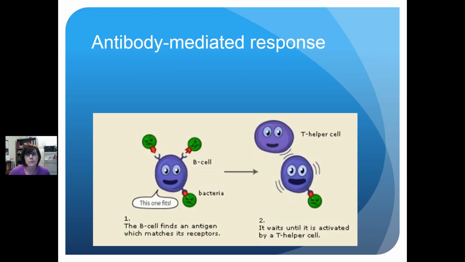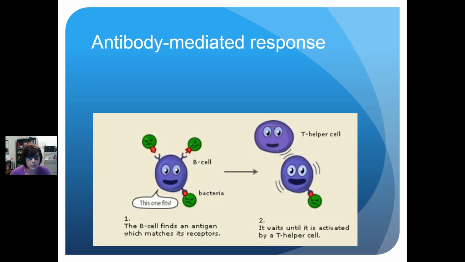So once the helper T cell has been identified to match that particular pathogen, it tells the B cells to start getting into action. This is what happens in the antibody-mediated response. It happens simultaneously with the cell-mediated response once that specific helper T cell has triggered them.